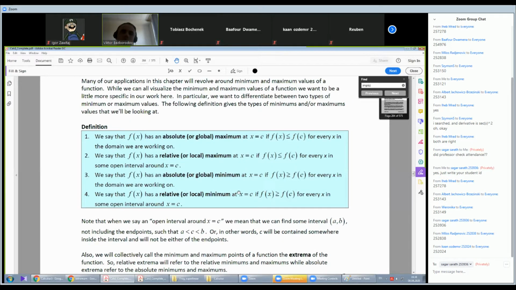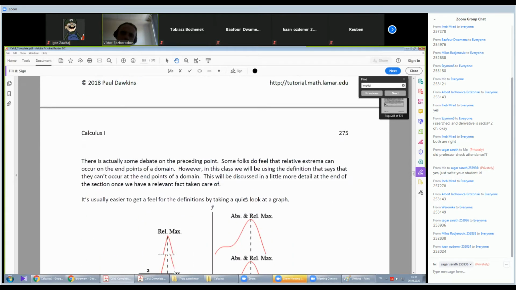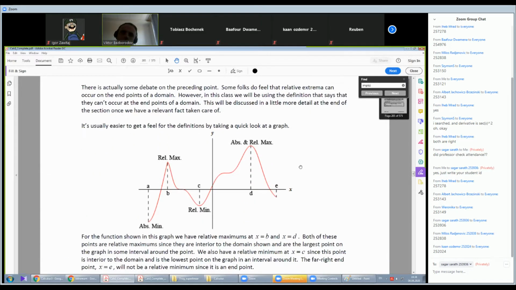Now the definitions are self-explanatory, right? So I think that global is on the domain, local is, well, around a point locally. So this is an illustration.